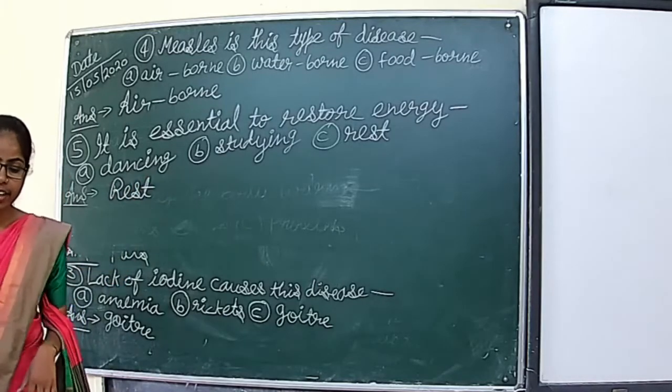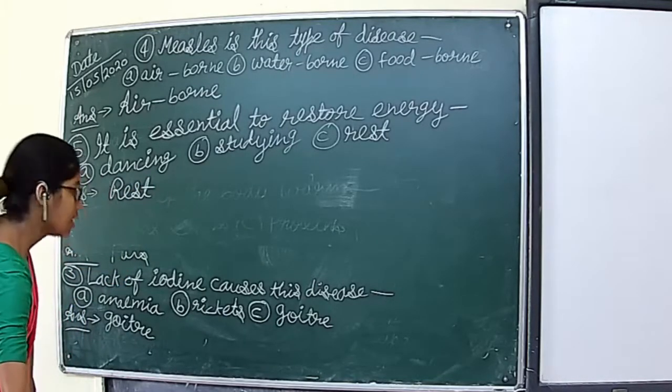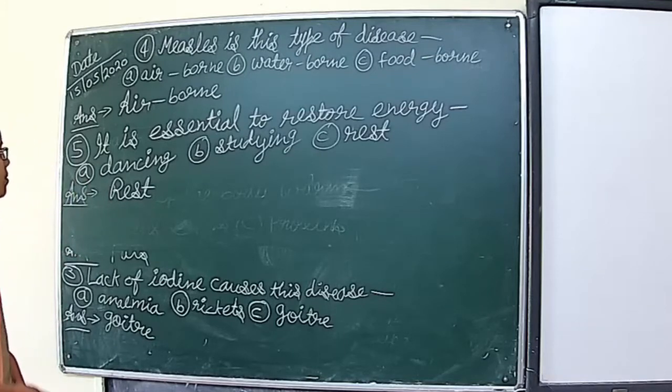Once again, I will read all this. Fourth question, measles is this type of disease, airborne. Then, it is essential to restore energy, rest. These are choose the correct option. Now this first section is finished.